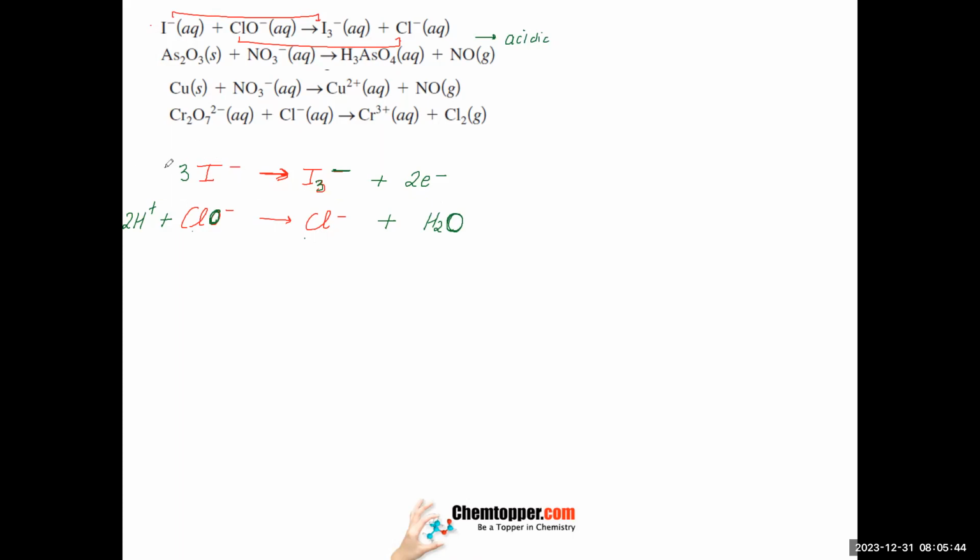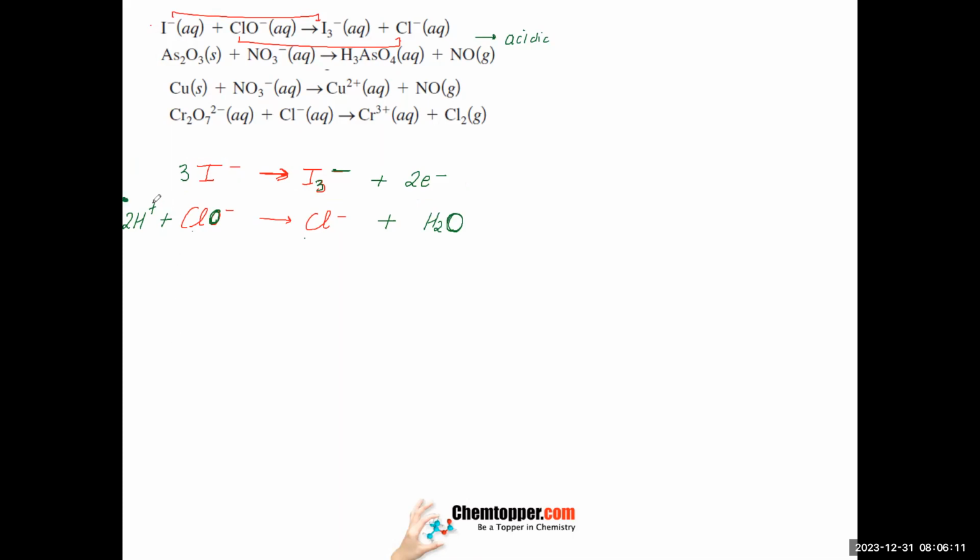If it is gaining, then the electrons should have been on the reactant side. The electrons are on the product side. So it means electrons are coming out. Please understand. If electrons are on the product side, it means electrons are coming out. It's loss of electrons, it's oxidation, right?